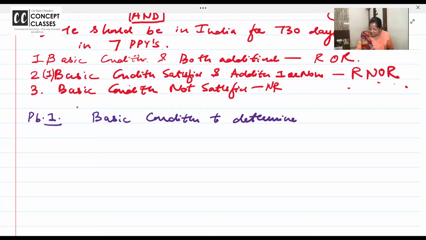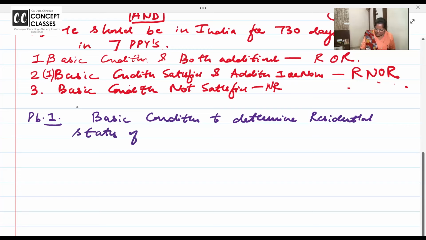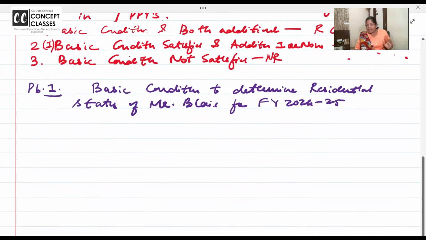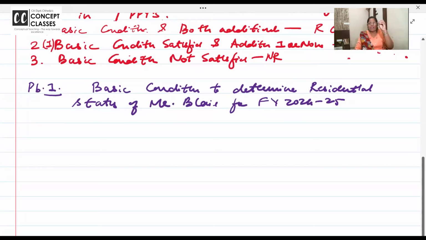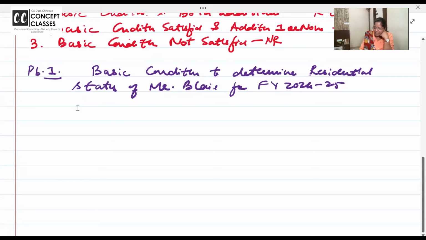Basic conditions to determine residential status of Mr. Blair for the financial year 24-25. I've literally seen students doing just rough calculation करते हैं और conclusion लिखते हैं and then they say why I'm not getting 5 out of 5 marks. And CMA students 7 marks question, you have to write this condition. Basic condition to determine residential status. Number 1.